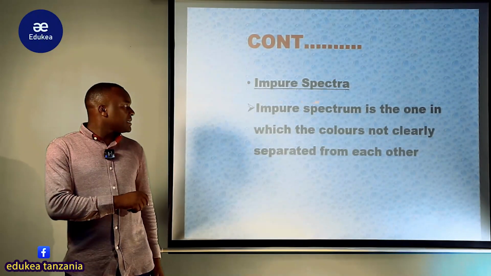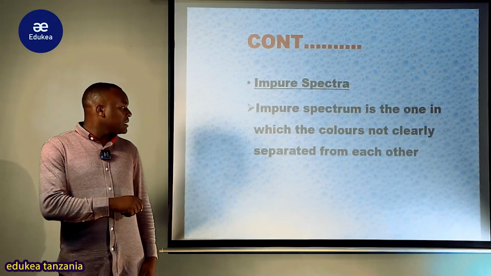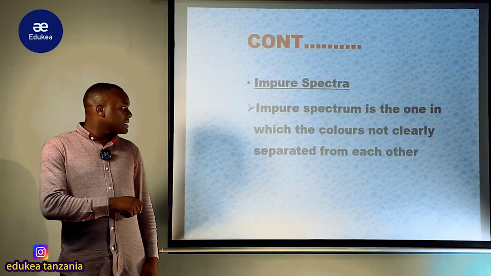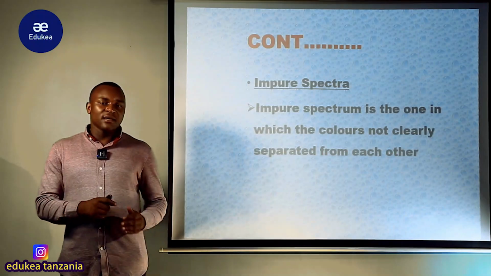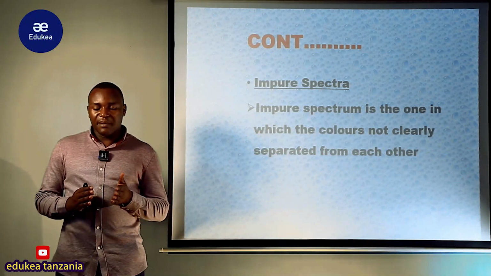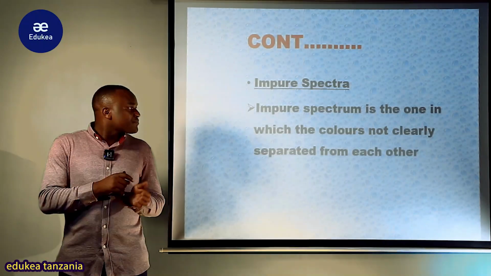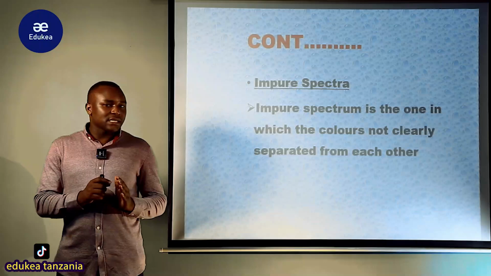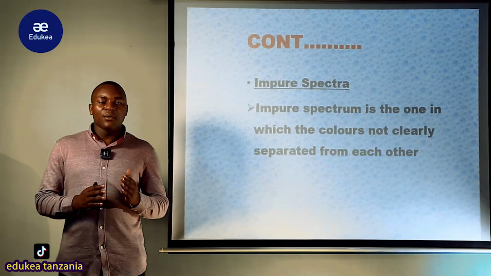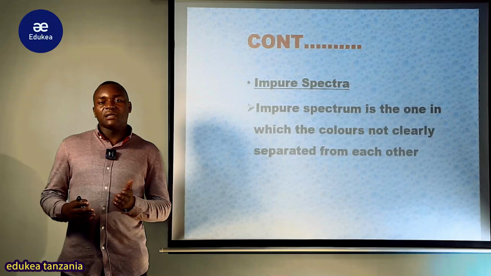Okay, impure spectra, we say that an impure spectrum is the one in which the colors are not clearly separated from each other. So impure spectra ni ile aina ya spectra ambapo colors are not clearly separated from each other, kwamba unazikuta zile rangi haziko clear separated.